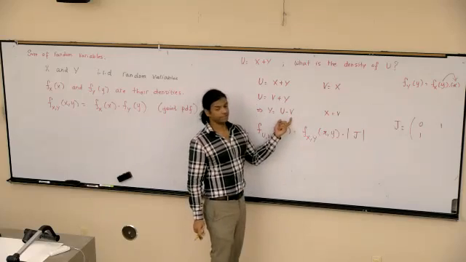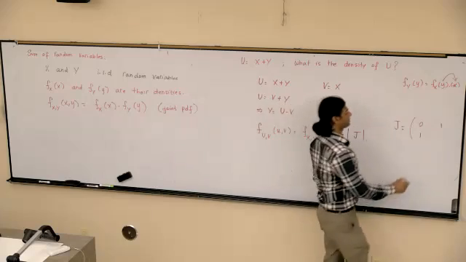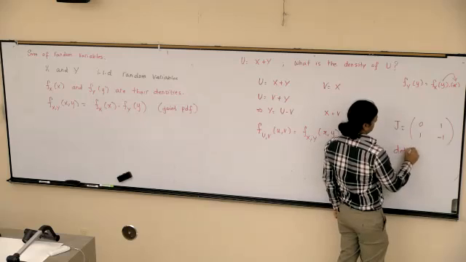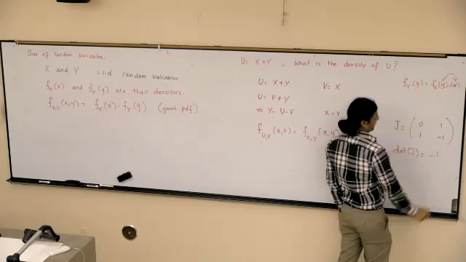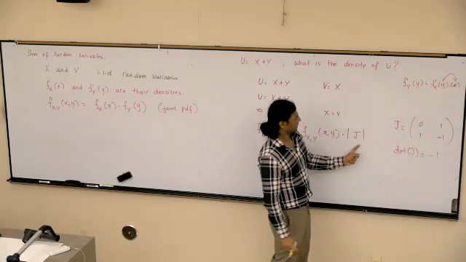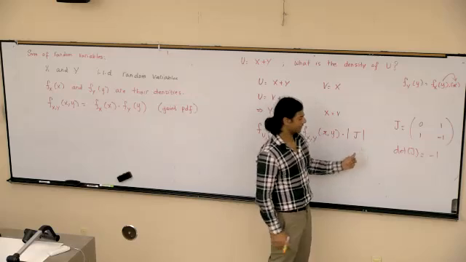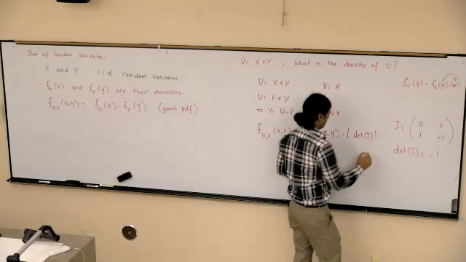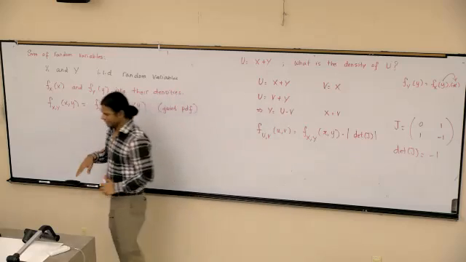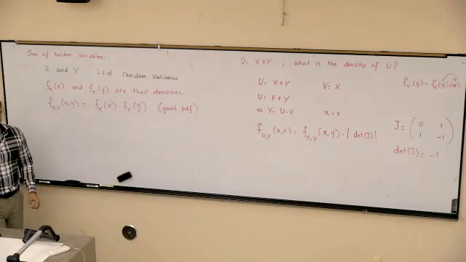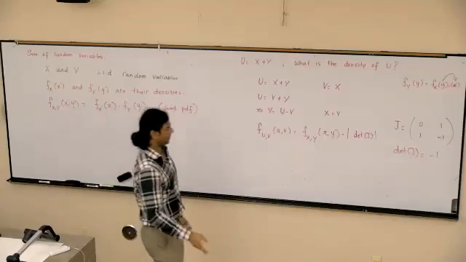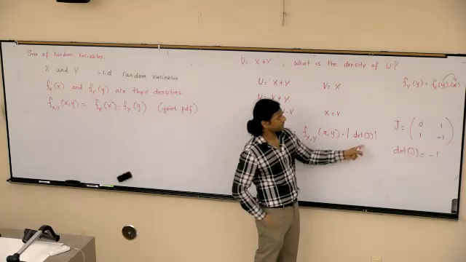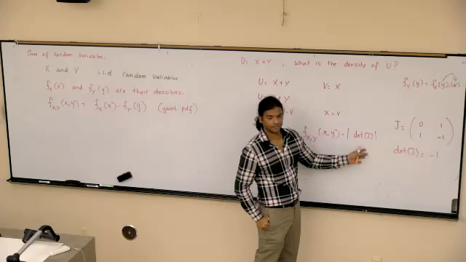With respect to v is minus 1. The determinant is negative 1. I'll write it as determinant of J to avoid confusion, because I know some call J the Jacobian, some call the determinant of J the Jacobian. Absolute value of negative 1 is 1.